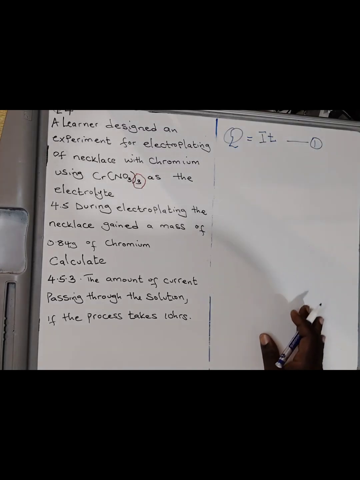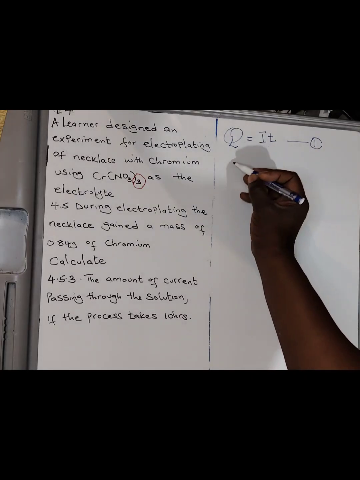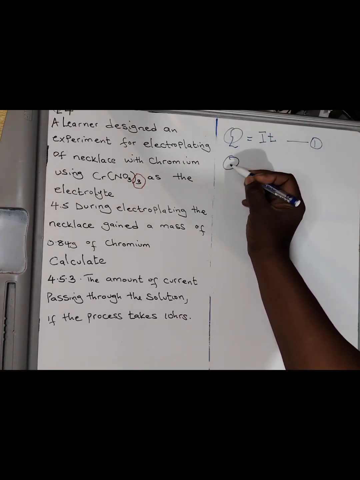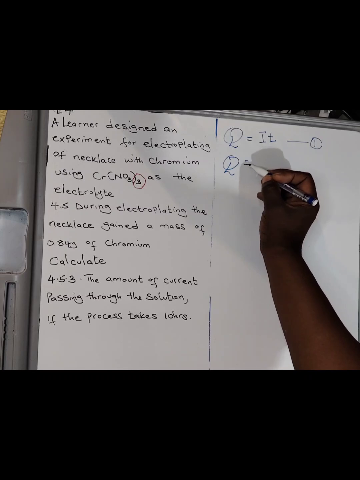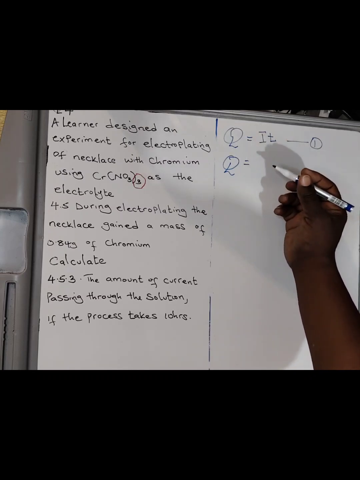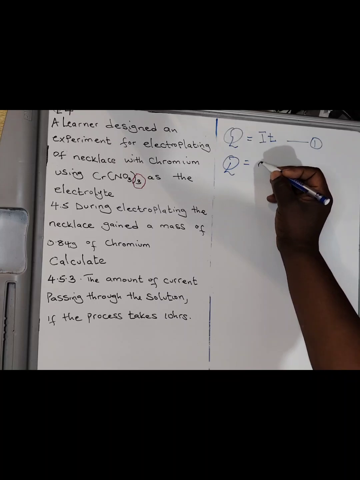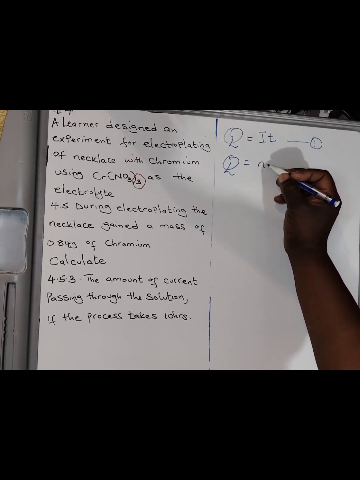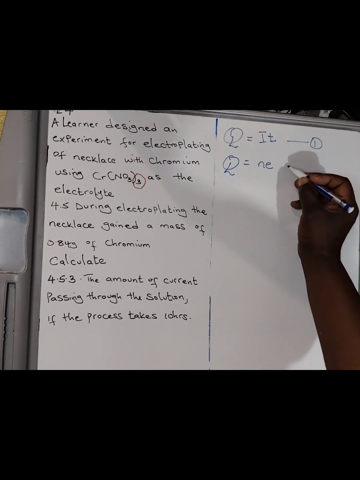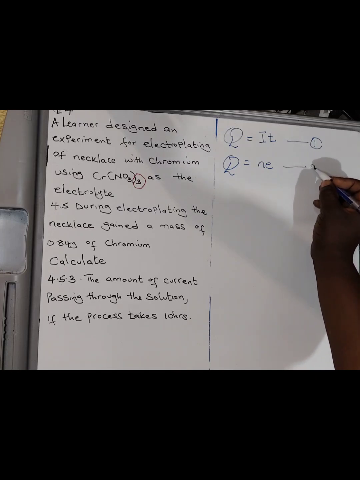That makes our equation 1. You also have to remember that the quantity of electricity is equal to the number of electrons times the electronic charge.